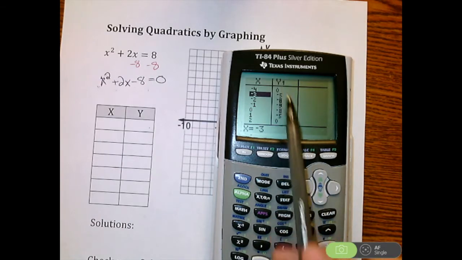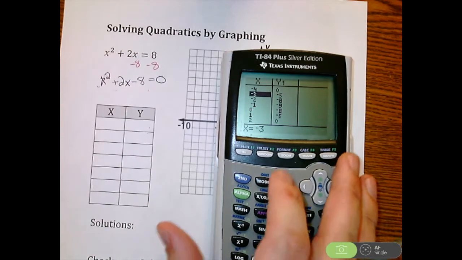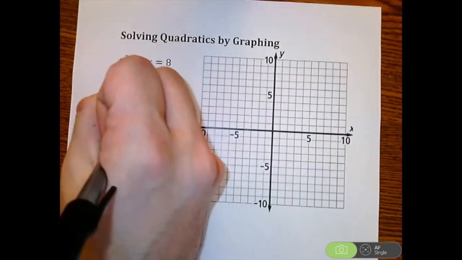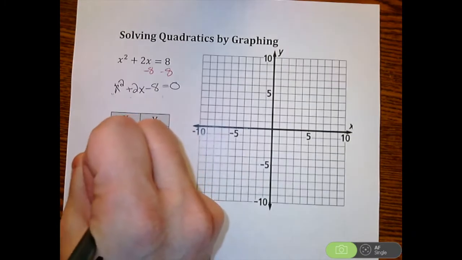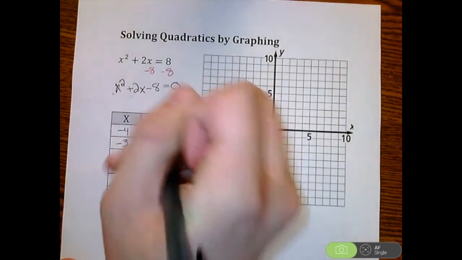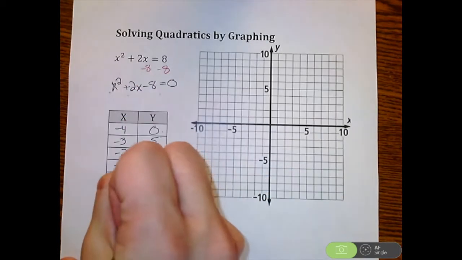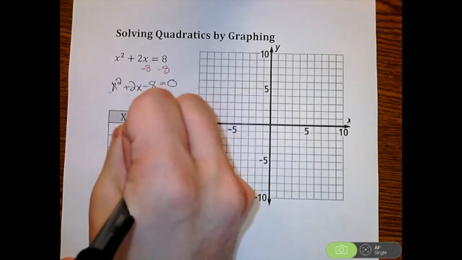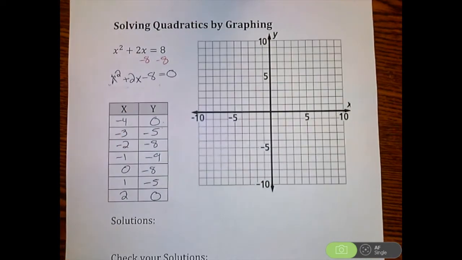So I have that repetition I was looking for. So I'm going to copy this down in my table. I have x values -4, -3, -2, -1, 0, 1, 2, with y values 0, -5, -8, -9 in the middle, then -8, -5, 0.